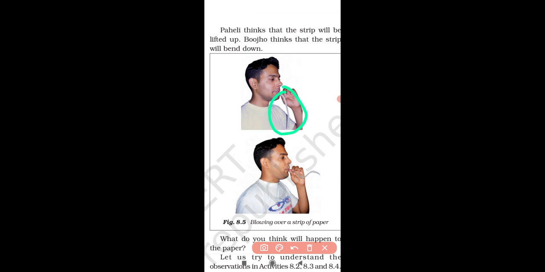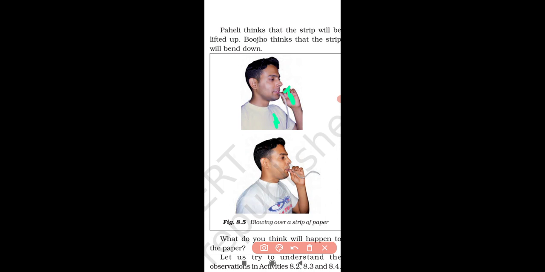Okay, why does this happen? Because when we blow air over the surface of the paper strip, we are moving fast air, right? We are moving the air very fast. So due to this fast moving air, it will create a region of low air pressure above the paper strip.